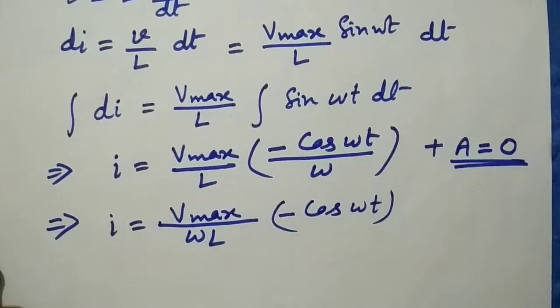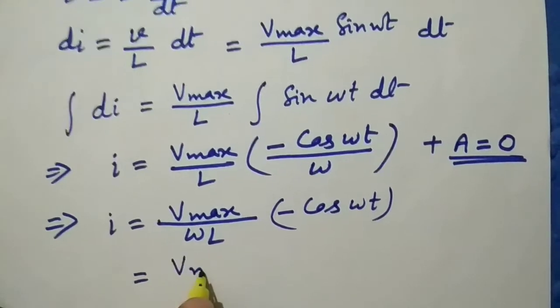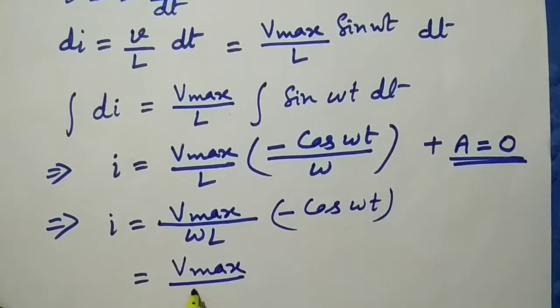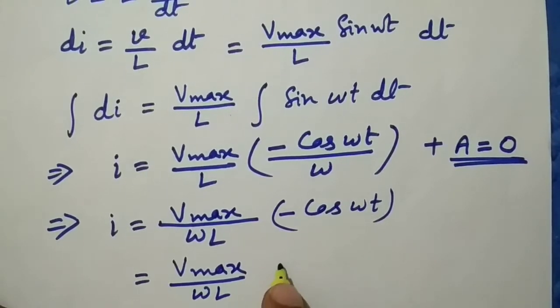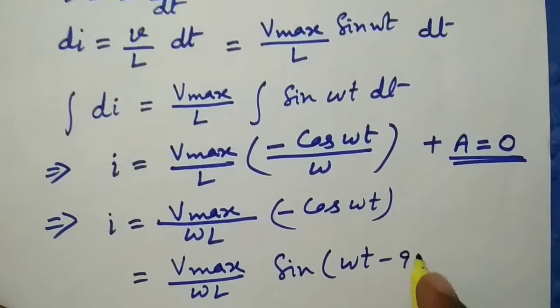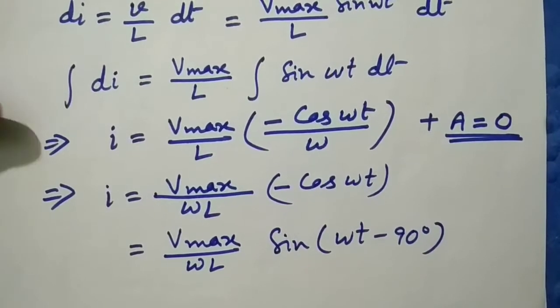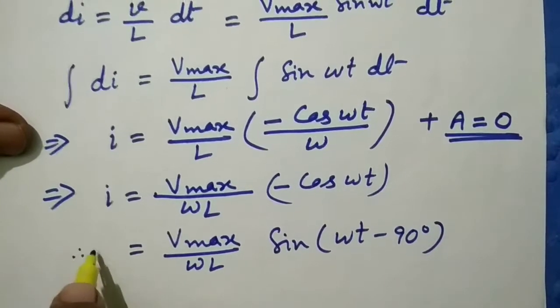Now minus cos omega t can be converted to a sine term, so it can be written as V max upon omega L sine omega t minus 90 degree. So I is equal to V max upon omega L sine omega t minus 90 degree.